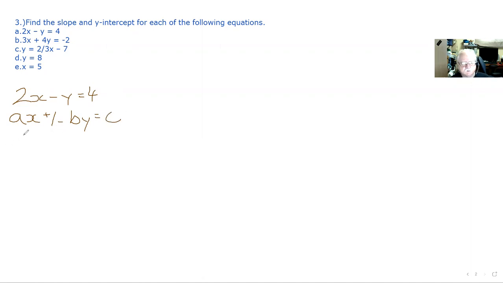This format of the equation is referred to as the standard form.